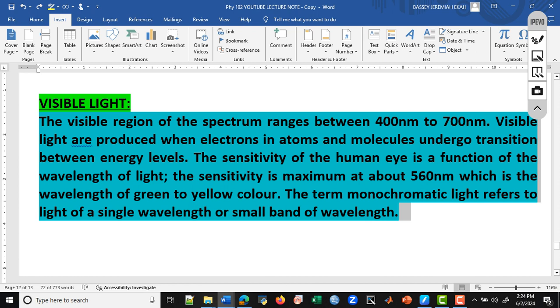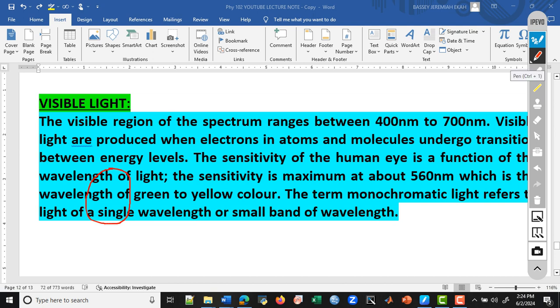If you could recall what they mean by dissipation of light, it talks about the separation of white light into different colors.